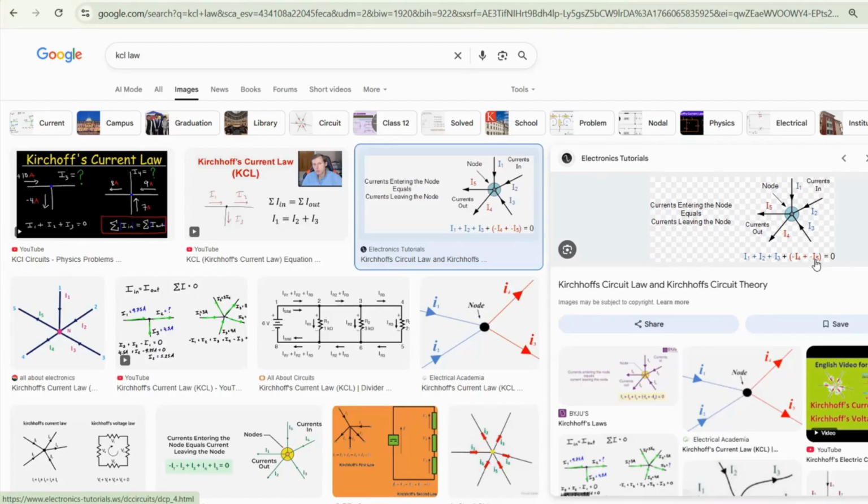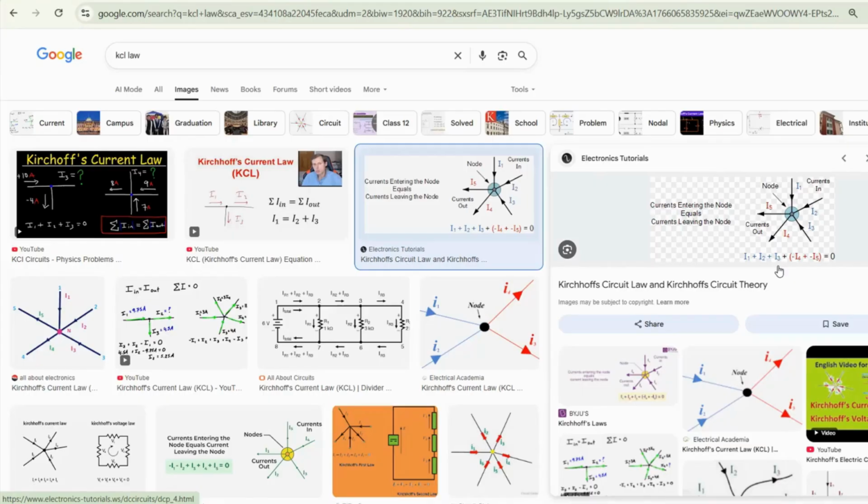Yes or no? What are I4 and I5? Outgoing currents, the sum of outgoing currents. What are I1, I2, I3? Incoming to the node, incoming currents. Sum of incoming currents is equal to sum of outgoing currents.